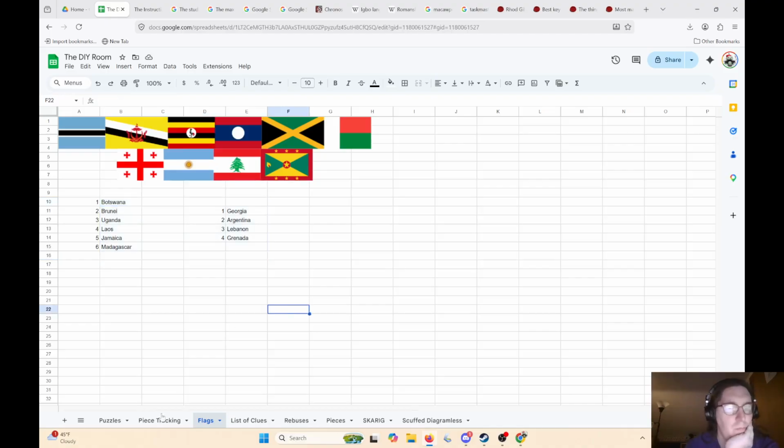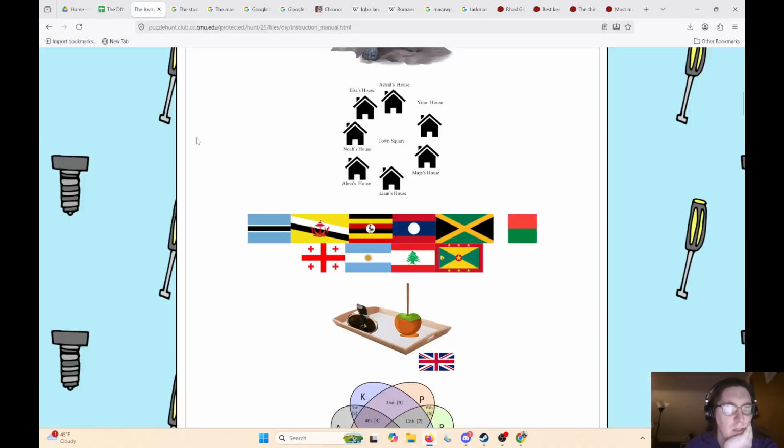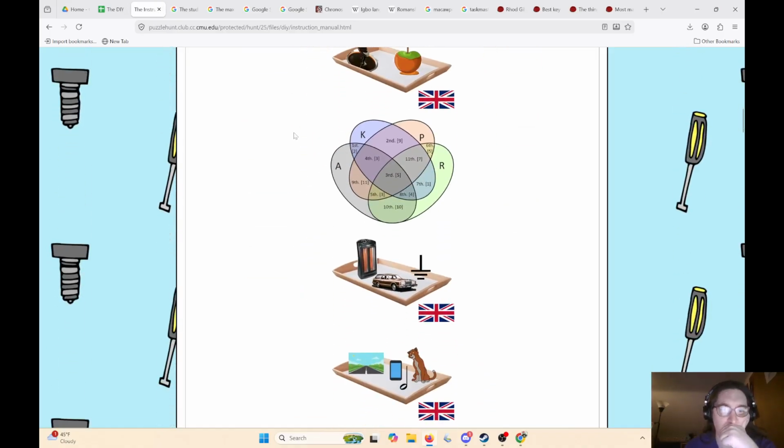Yeah, so what's annoying is that we have 8 of the language rebuses. We've got 10 of the flags. And that's the third picture? Yeah. We got this: 2, 3, 4, 5, 6, 7, 8, 9, 10, 11 spots for things.